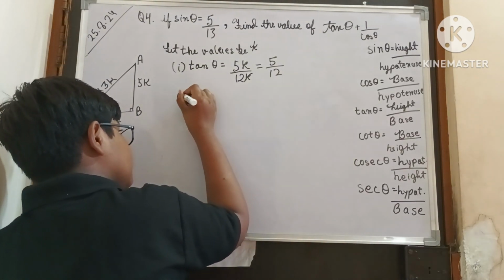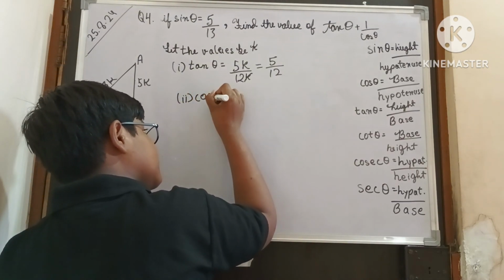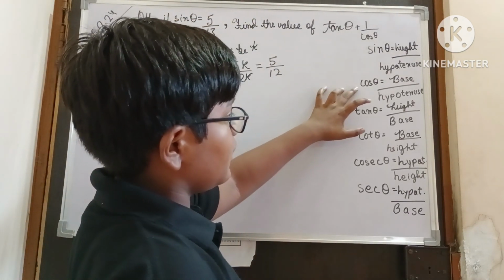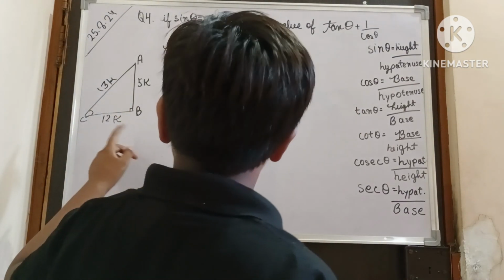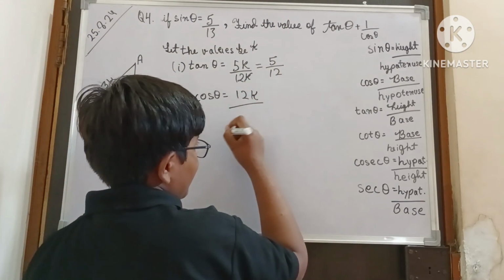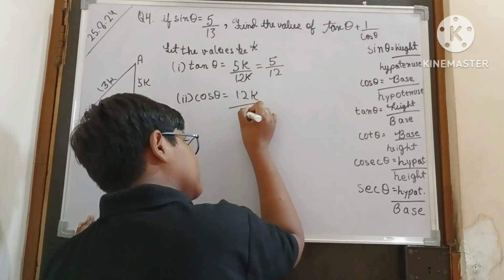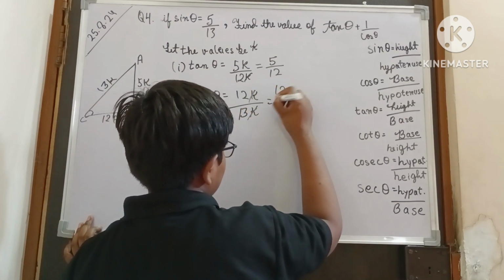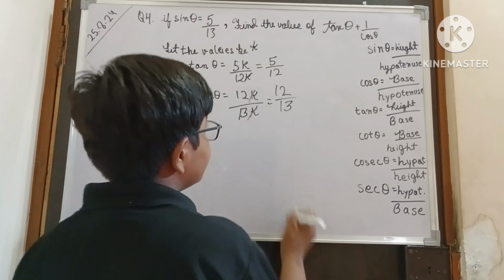Now our second value will be cos theta, whose formula is base upon hypotenuse. Base of the triangle is 12k and hypotenuse of the triangle is 13k. So we will get the value of cos theta as 12 by 13.